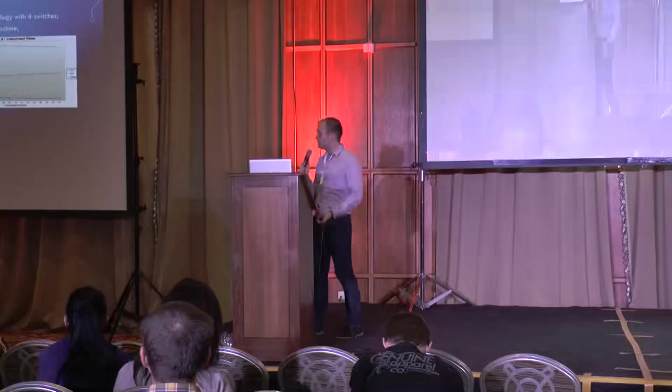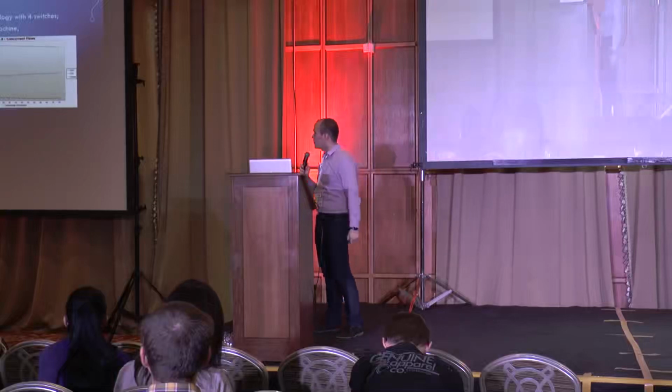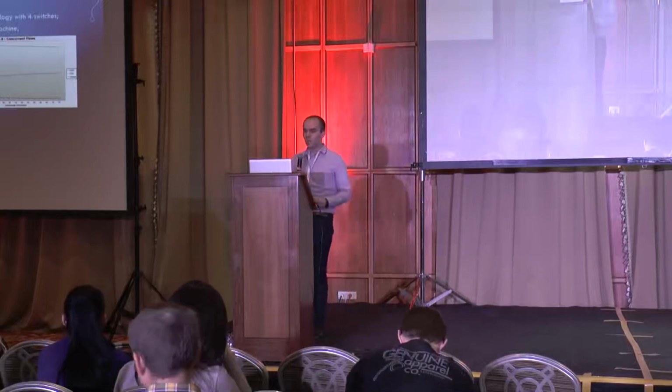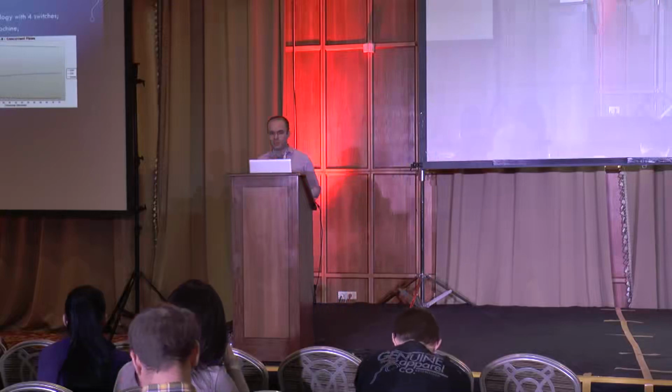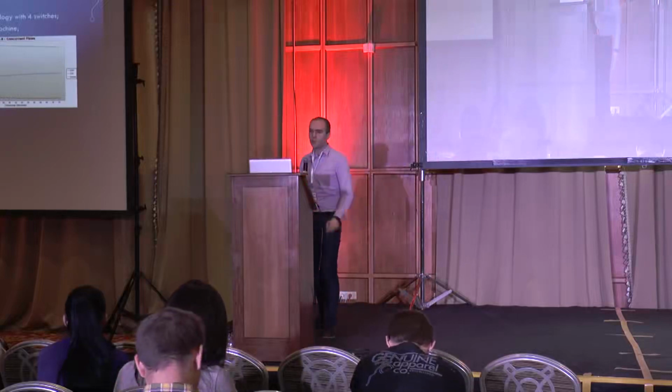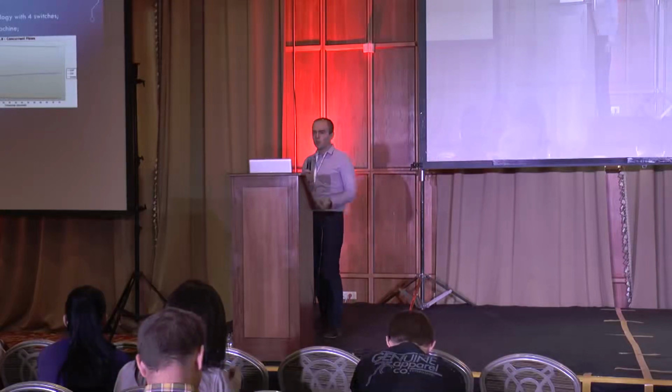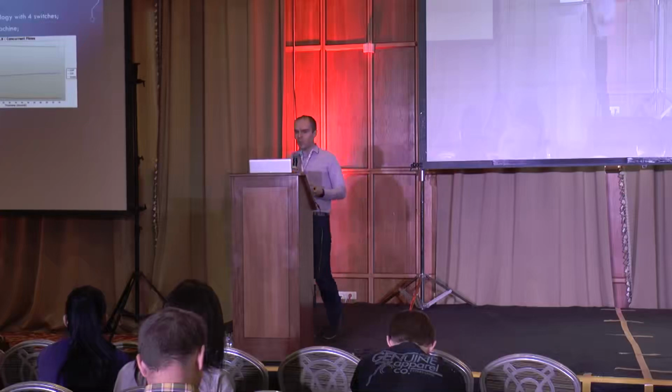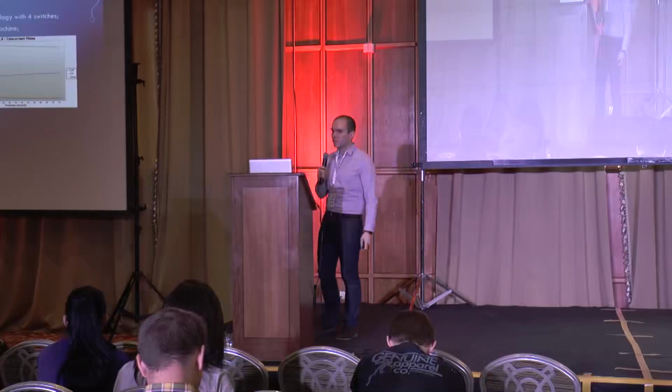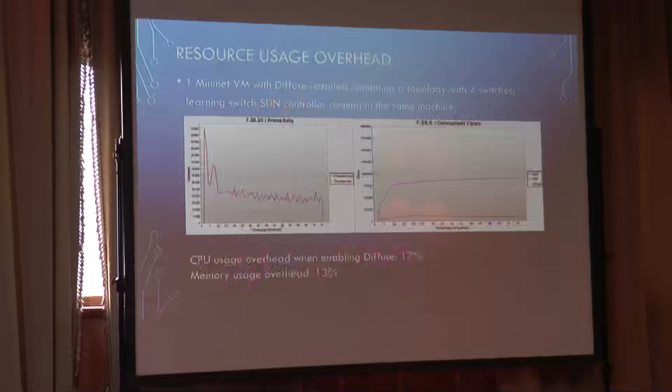As I said, in our experimental setup, we had one Mininet VM with the DIFUSE machine learning classifier installed, simulating a topology of 4 switches, and a learning switch SDN controller running on the same machine. We used the Breaking Point traffic emulator to emulate around 100,000 concurrent flows.